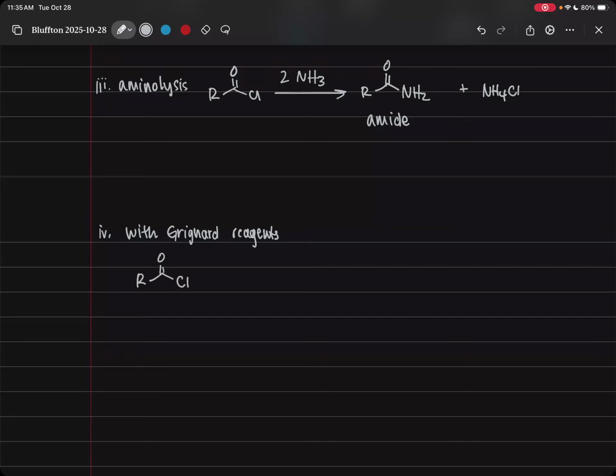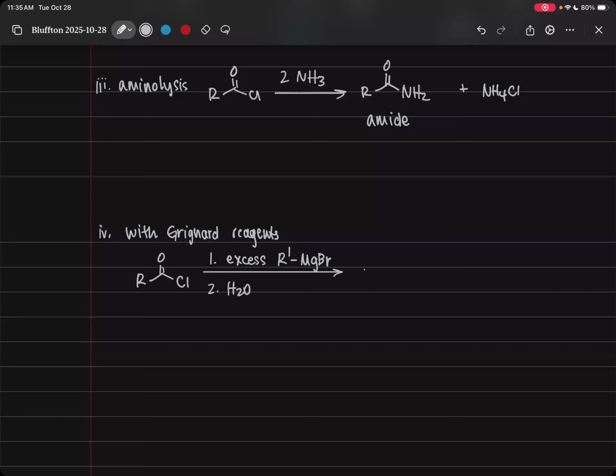Okay, so in this case, I'm actually going to add an excess of Grignard reagent rather than just one equivalent.